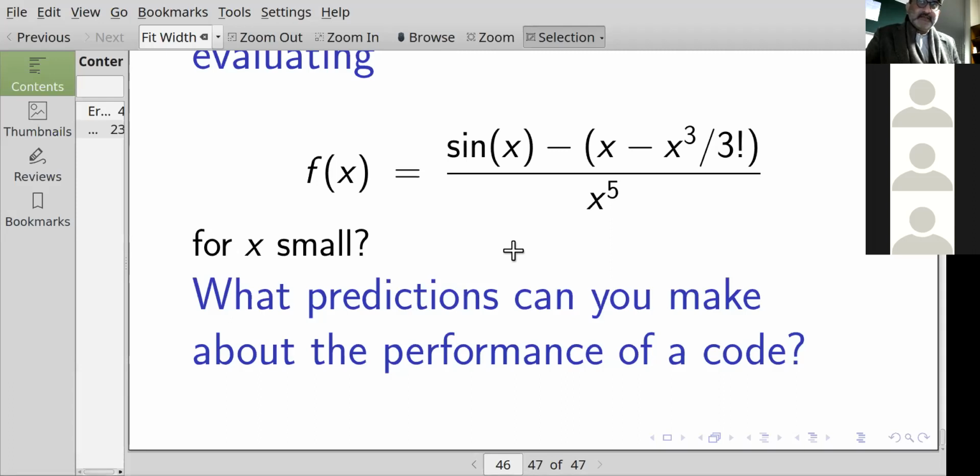So the Taylor series might not work. For numerical work, there are other, more sophisticated series that might do better than a Taylor series.